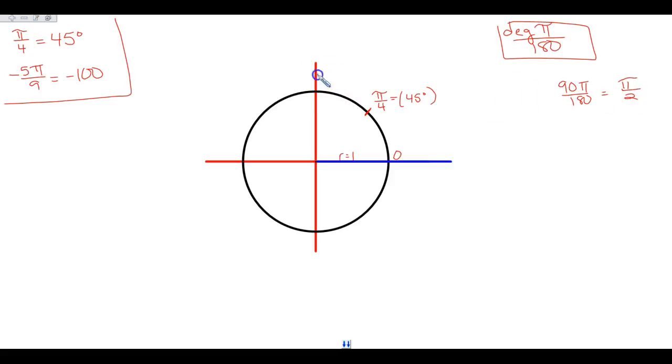So right here is going to be pi over 2. If I keep going and I do 180 degrees, it'd be 180 pi over 180. So this is pi. If I continue, this is going to be 270 degrees. This is going to be 3 pi over 2. And the full 360 degrees was 2 pi.